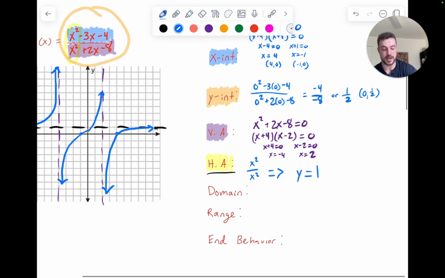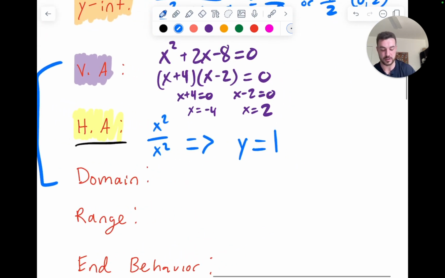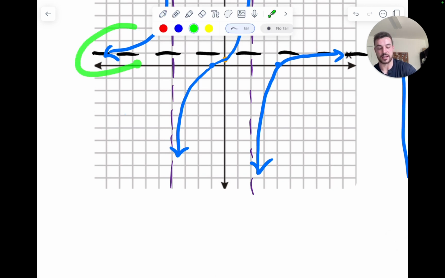So I can do my domain and range now. And this is what I actually wanted. I want to connect my vertical asymptote and my domain. The reason is because my domain is going to be all values except those vertical asymptotes. So it's going to go from negative infinity to negative 4. That is this section of my graph.